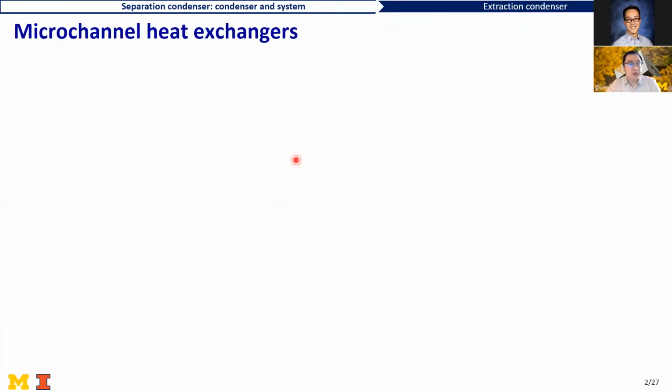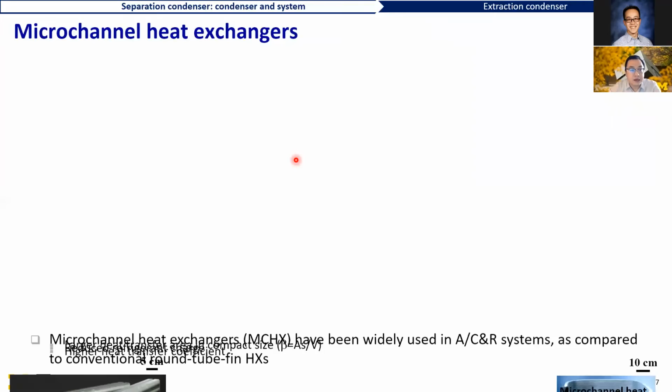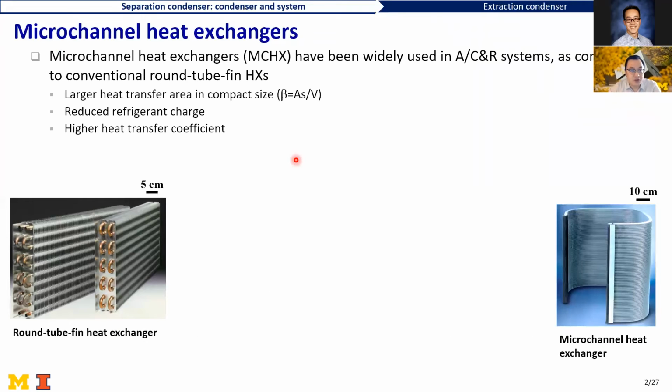So my work focuses on those two heat exchangers, specifically the condenser for the refrigeration cycle. And I'm studying the microchannel condenser, which has emerged as a replacement of the conventional round tube fin heat exchanger. Here on the left of this slide, we are seeing a round tube fin heat exchanger.